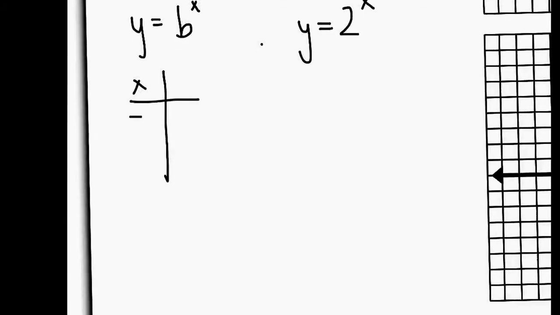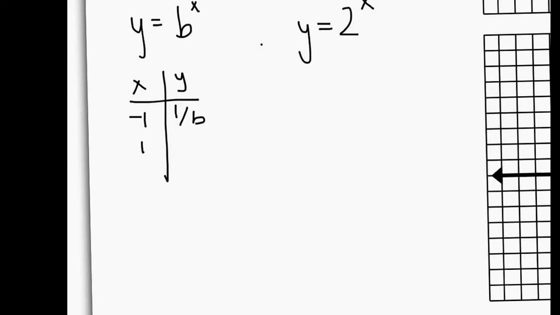Okay. In our general form here, if we plug in a negative 1, b to the negative first is 1 over b, because a negative exponent flips to the bottom. b to the first is b, and I skipped 0 there, so b to the 0 is 1.